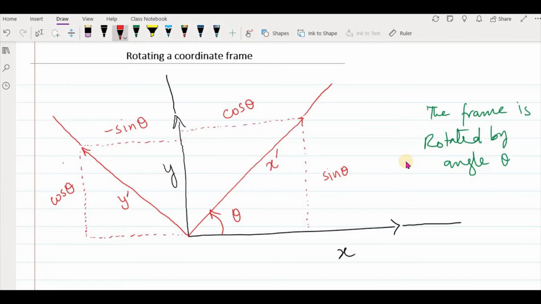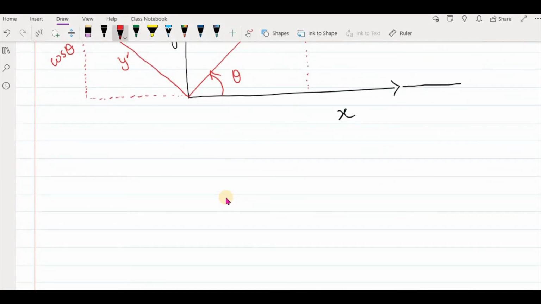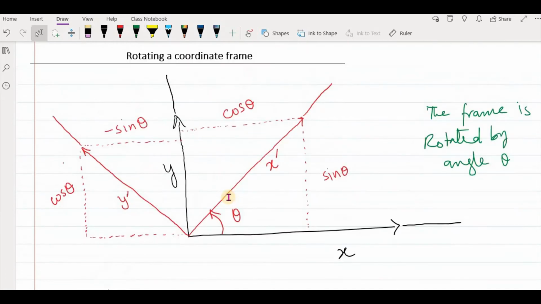So now if we want to write the coordinates of this new rotated frame, how can we write that? We have a tool that we developed in the previous slide, and this tool says that if you want to find the coordinates of a rotated vector, let's see here, this vector x prime is rotated by angle theta from the original position.